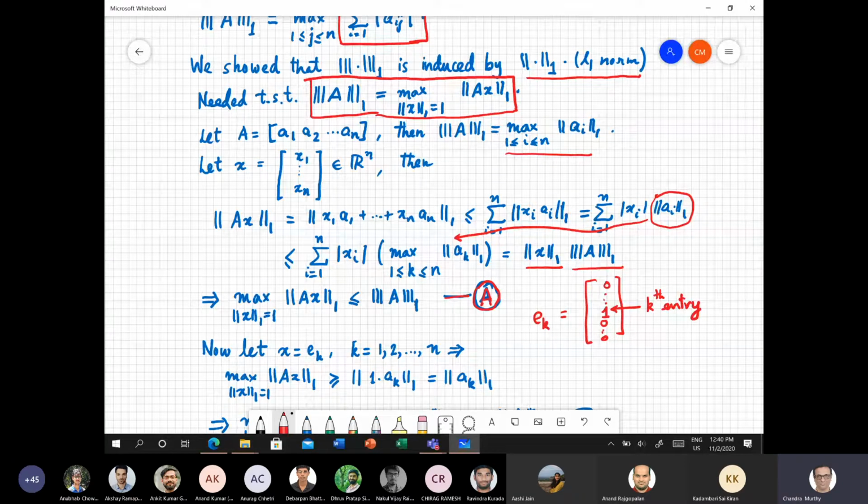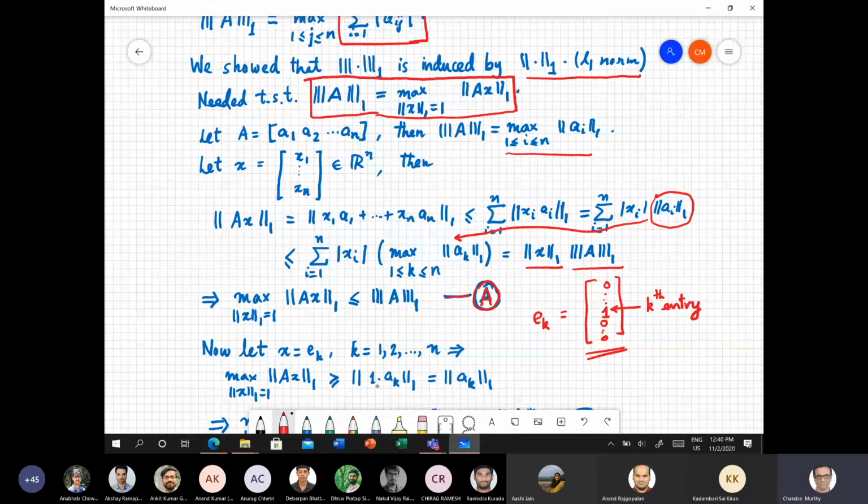Or you can also think of it as the kth column of the n cross n identity matrix. Then if I look at the maximum of this, e_k is a vector which satisfies the constraint. The L1 norm of e_k is always equal to 1, as you can see from here. And so this maximum, where I'm looking across all possible vectors, has to be at least equal to its value at one particular point, which is e_k.